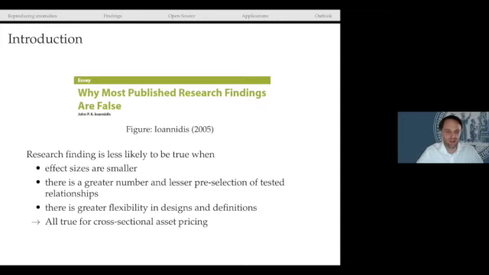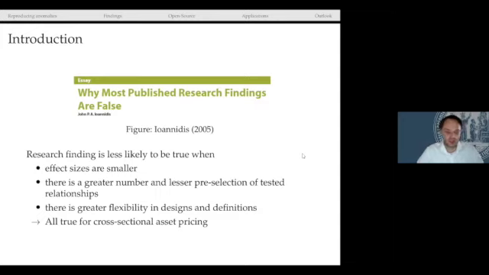This is from a paper by Ioannidis, 2005, where he shows in a toy model that a research finding is less likely to be true when the effect size is smaller, when there's a greater number and lesser pre-selection of tested relationships, and when there's great flexibility in designs and definitions. When you think about this, it's all true for cross-sectional asset pricing. The effect sizes are relatively small. We do not believe that there's one variable that has a super high expected return. So all these variables will have relatively small expected returns.